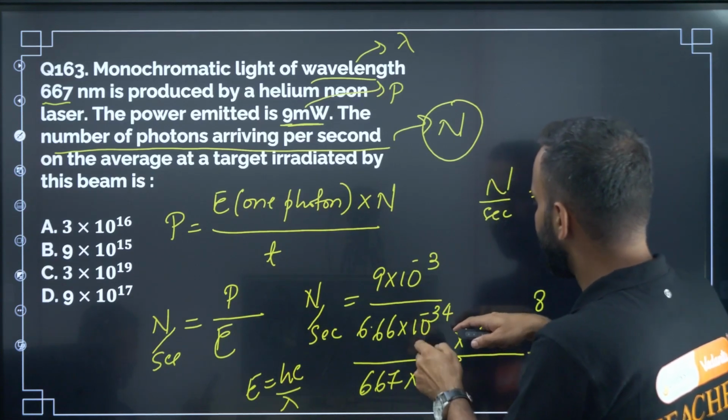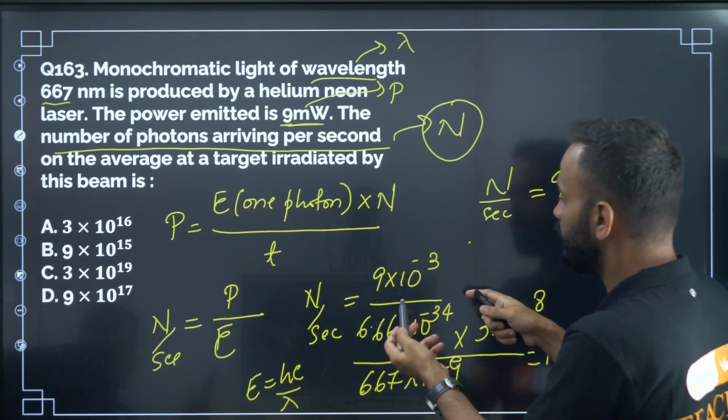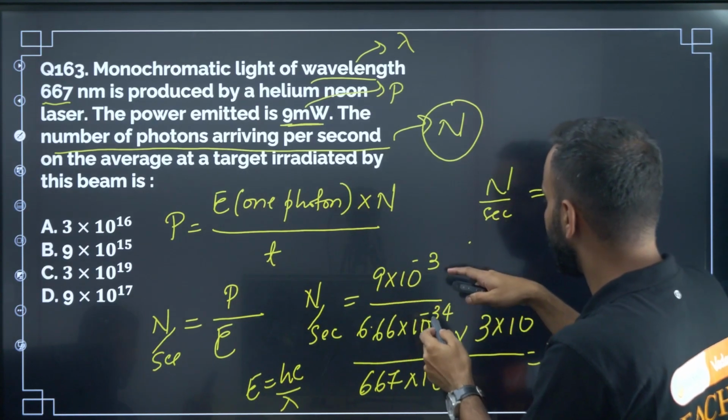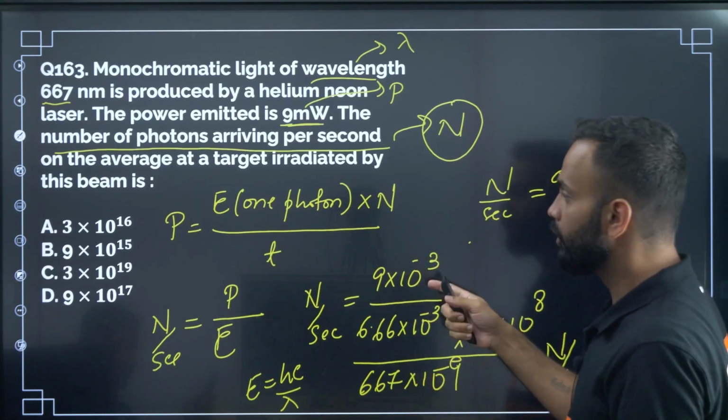So take 10 to the power 17 to the numerator. Now this will be 10 to the power 17 into 10 to the power minus 3, that is 10 to the power 14.